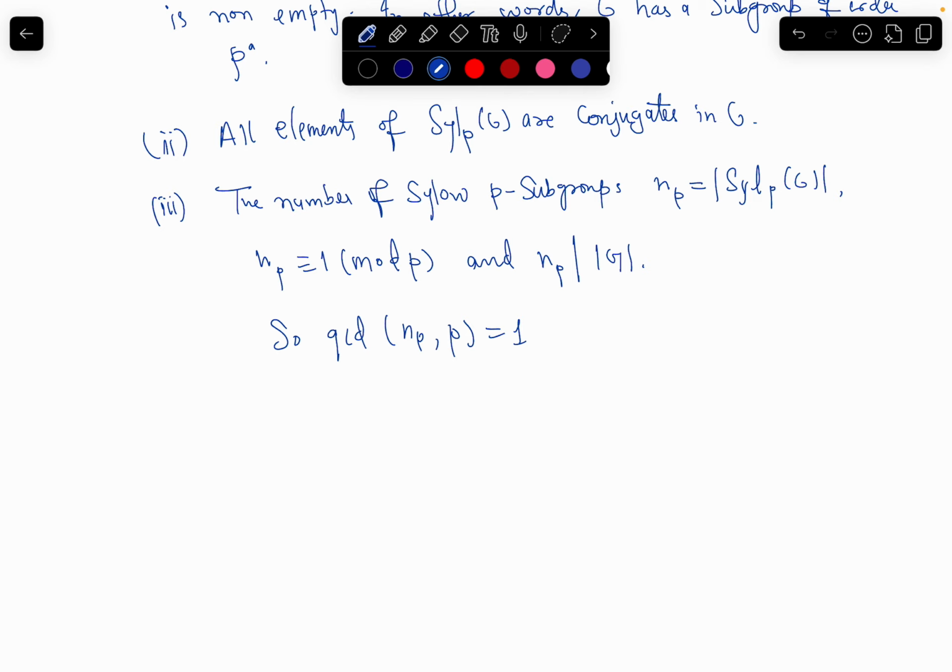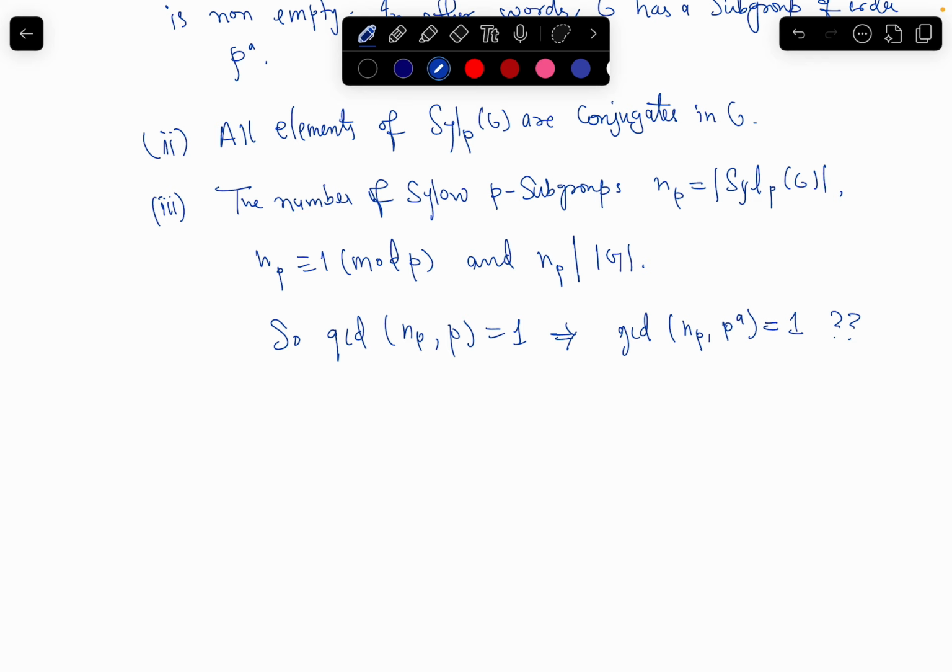The question is, n_p divides the order of G, does that imply that the GCD of n_p and p power a is 1? p is a prime number, right?